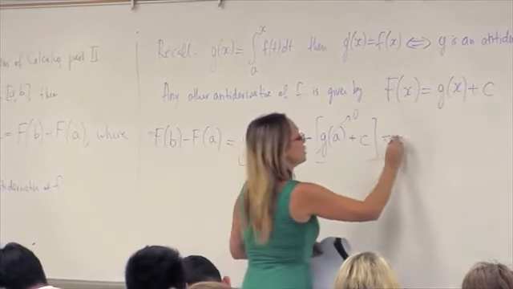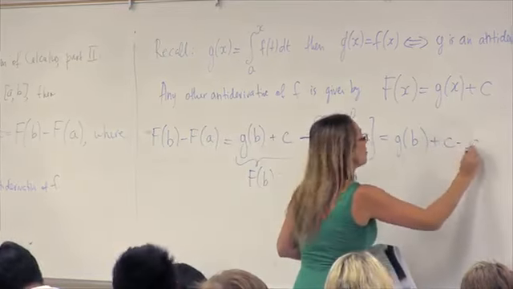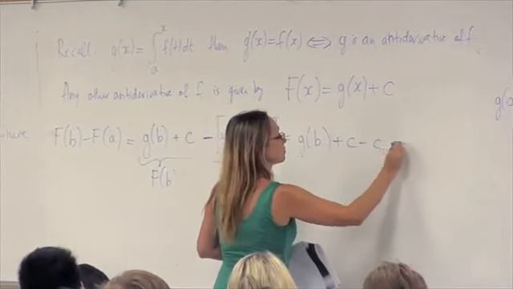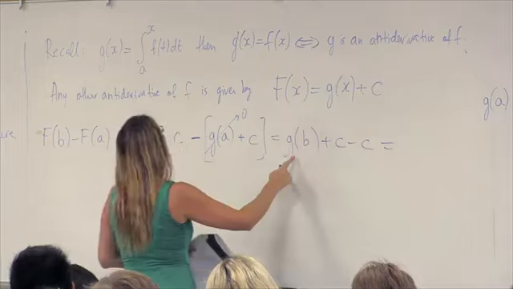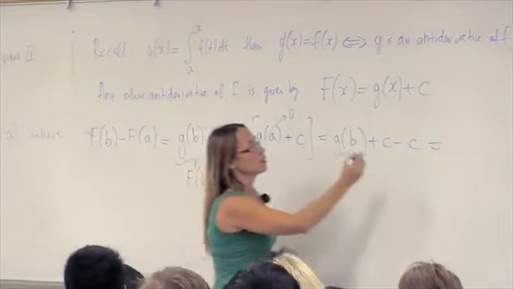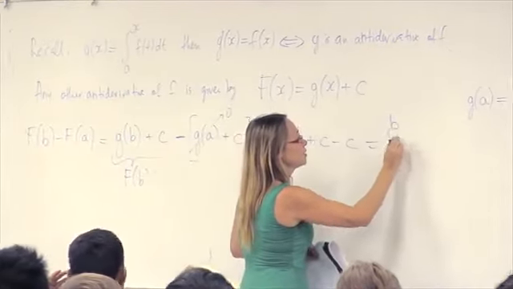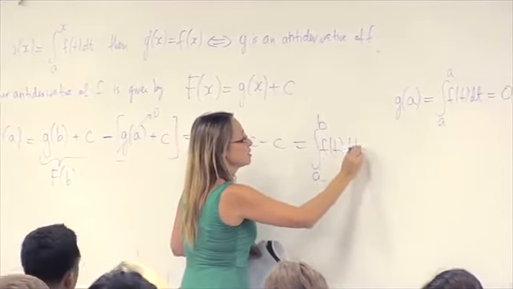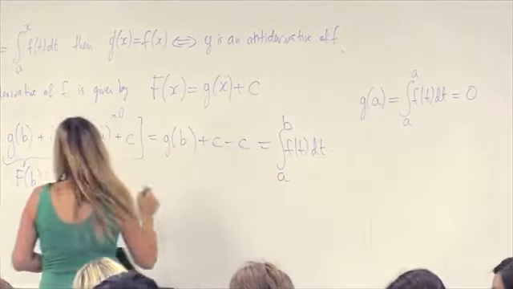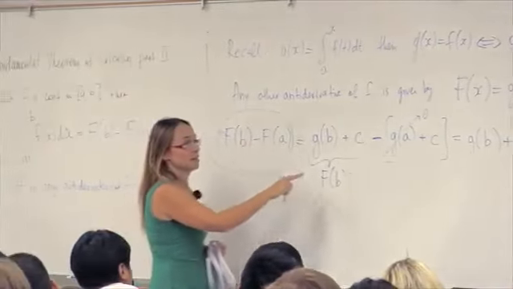And I can rewrite it as g of b plus c minus c. What's g of b again? I go here. This is my definition. It's an integral from a to b of f of t dt. So I started here, f of b minus f of a, and then end up here.